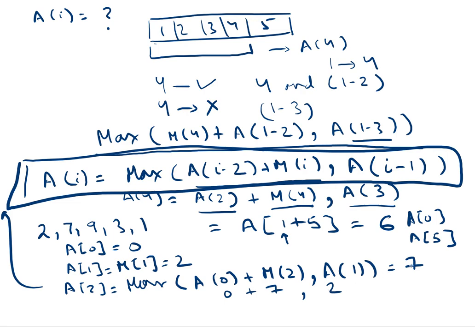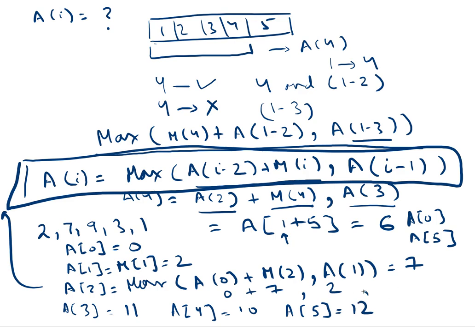So similarly, if you substitute for other houses, the value of A3 will come out to be 11, the value of A4 will come out to be 10, and the value of A5 will come out to be 12. And as we have already seen that A5 is the solution which we are looking for, which is the solution of the main problem.